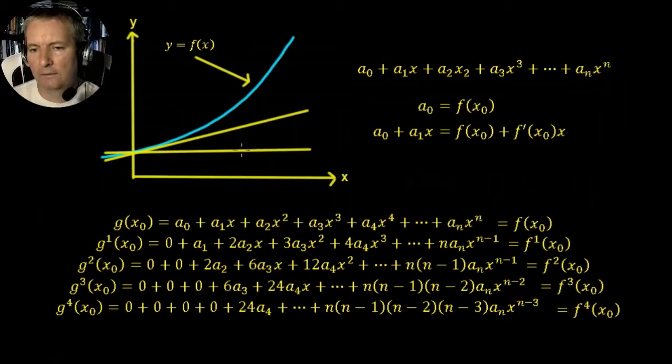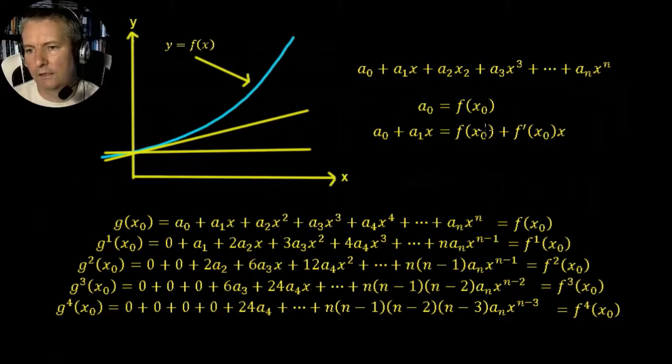So we then said that we could look at the gradient of this function at that point, and ensure that the gradient of the approximating function is the same at that point. In that case, it would just give you this line here.